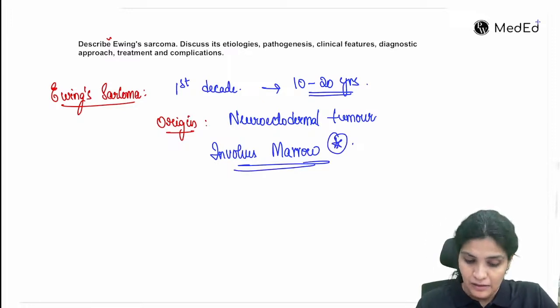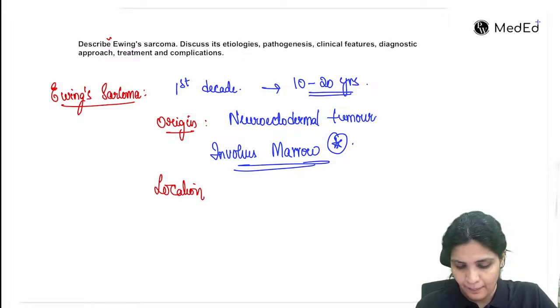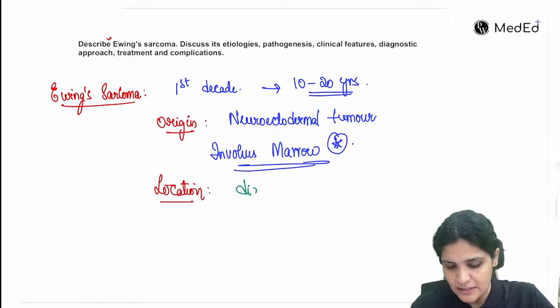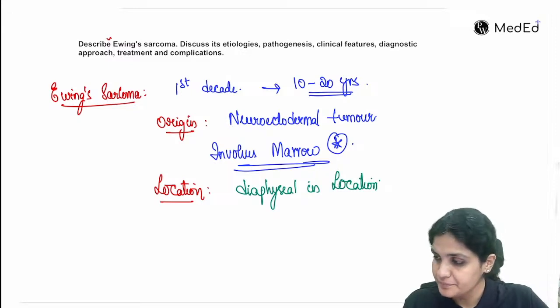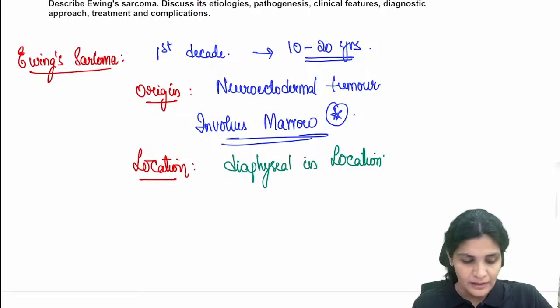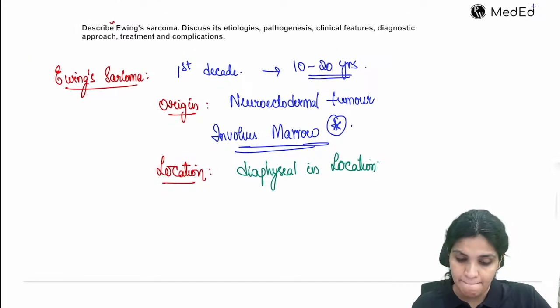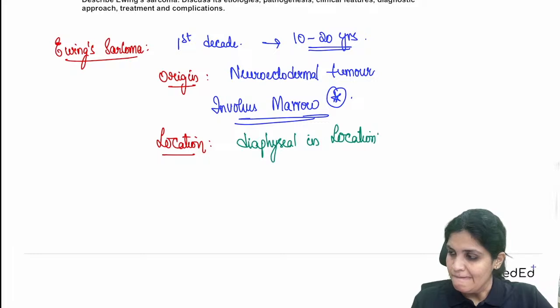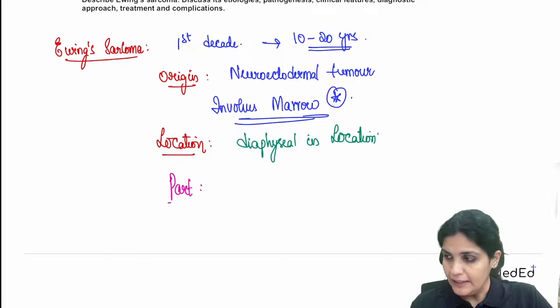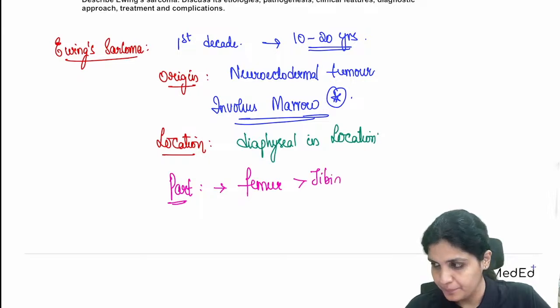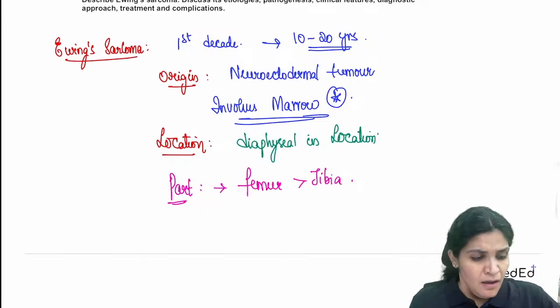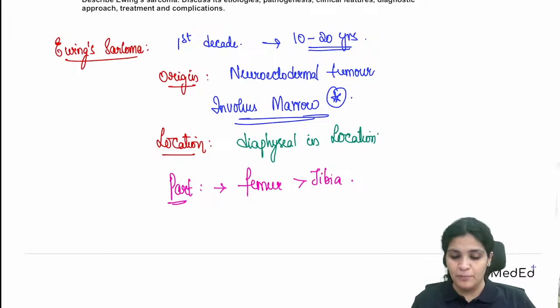The location is diaphyseal. And the most important part involved is most commonly the femur, that is the thigh bone.